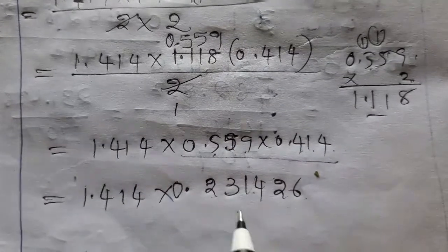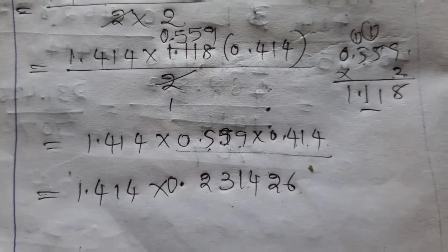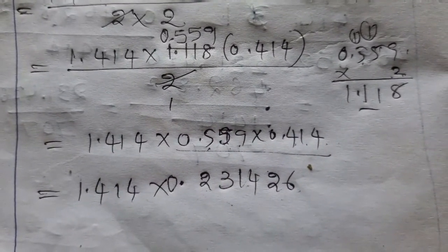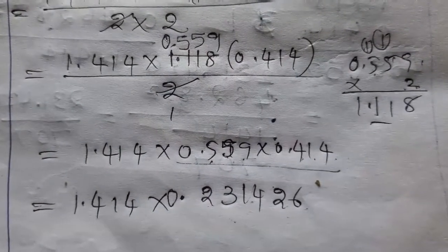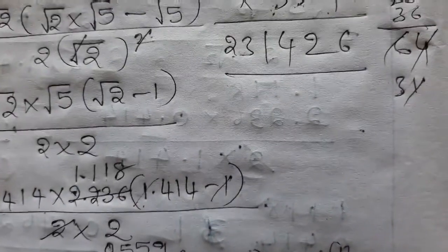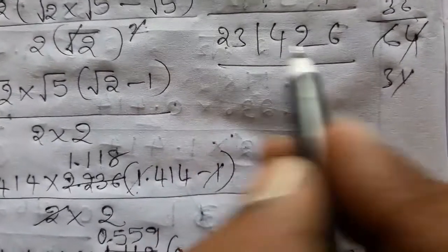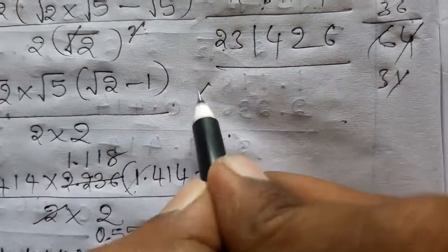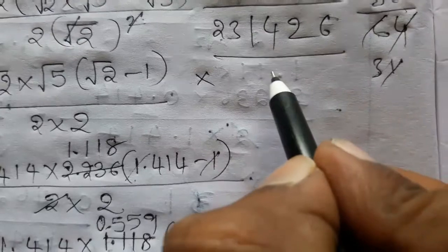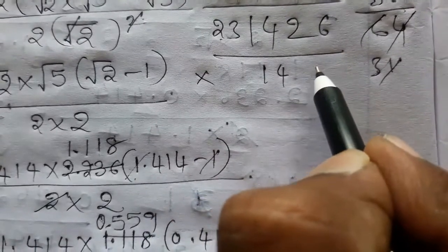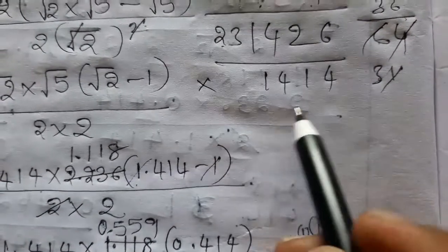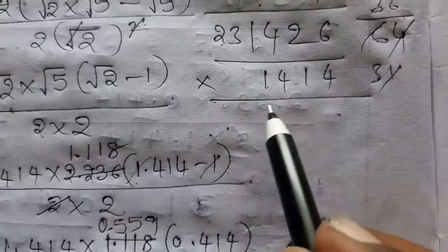Now multiply these two. Take the same thing, 1.414 into 0.231426. Now multiply.